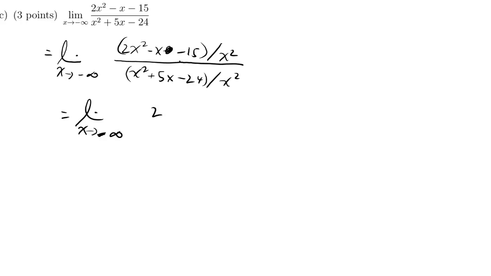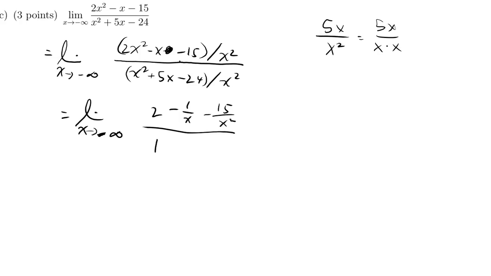This gives you 2 minus 1 over x minus 15 over x squared. And then x squared divided by x squared is 1. 5x divided by x squared, that's 5x over x times x. So these two cancel, and then you get 5 over x, right? So you get 5 over x, and then negative 24 is also divided by x squared.